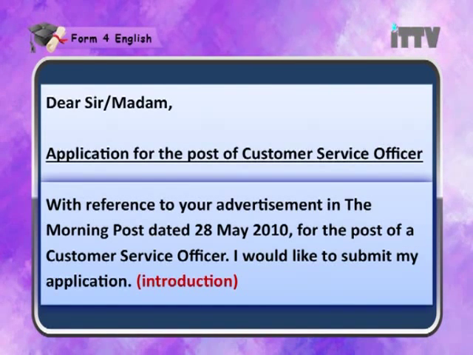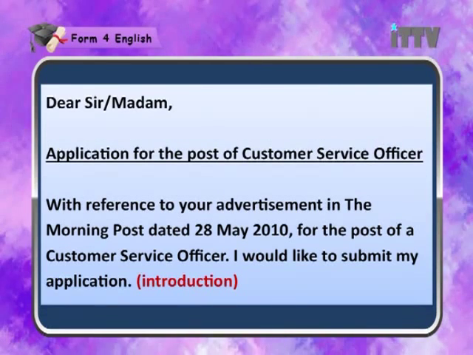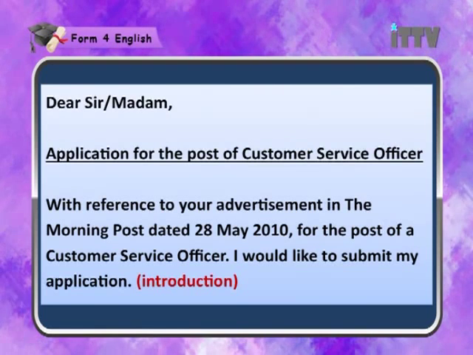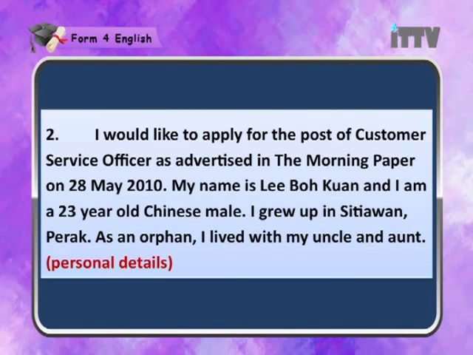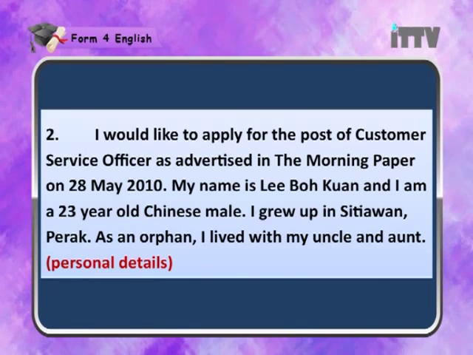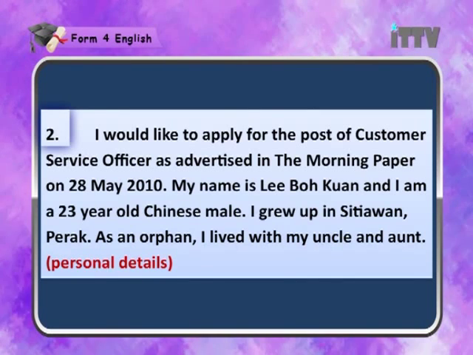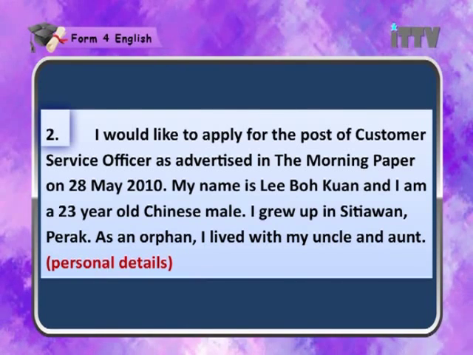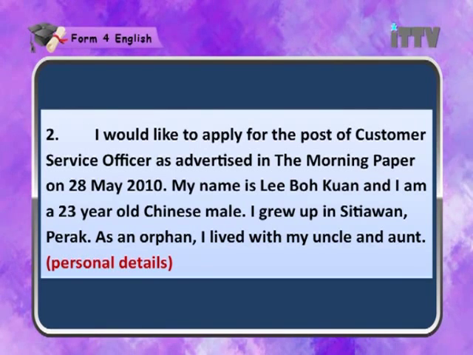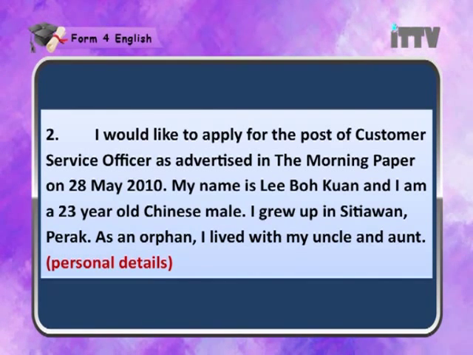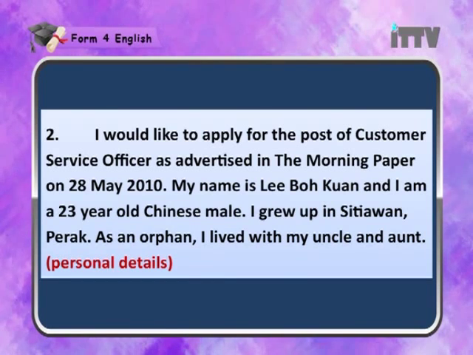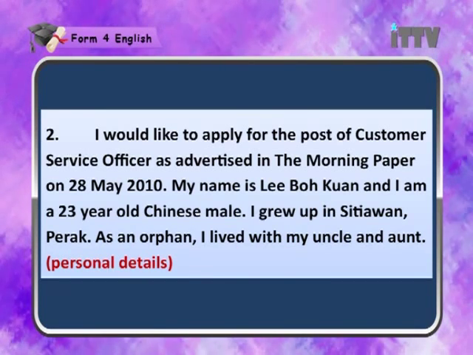Now let's look at the purpose of this formal letter. Now, in your first paragraph, there is no number, but as you move into the second paragraph, you number it. Paragraph 2, full stop, space, and then you begin the paragraph. Likewise, for the paragraphs that follow. Paragraph 2 begins with the personal details.